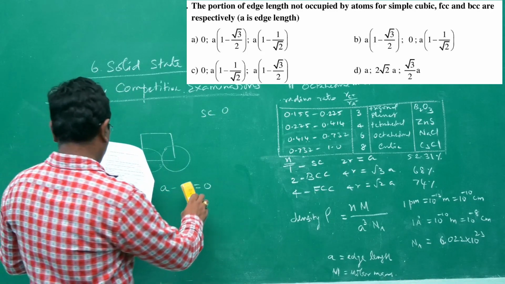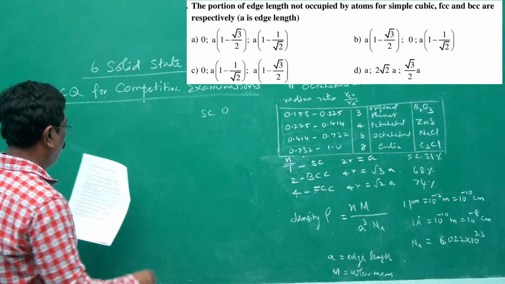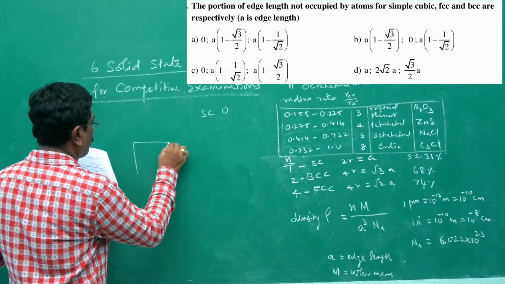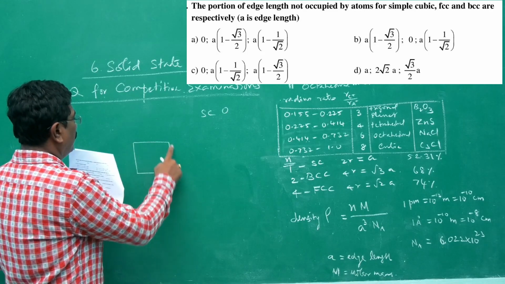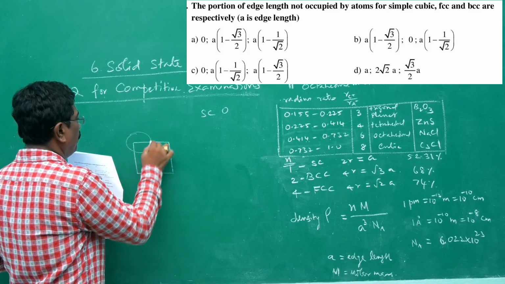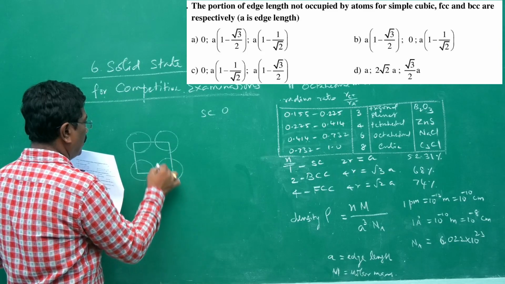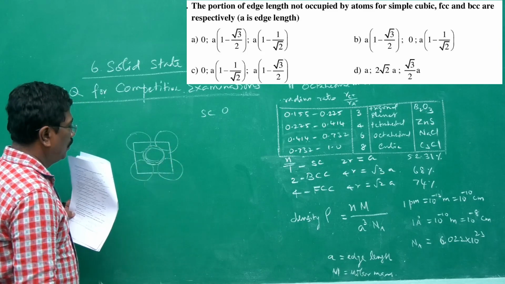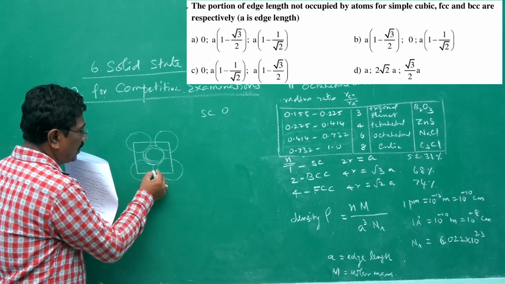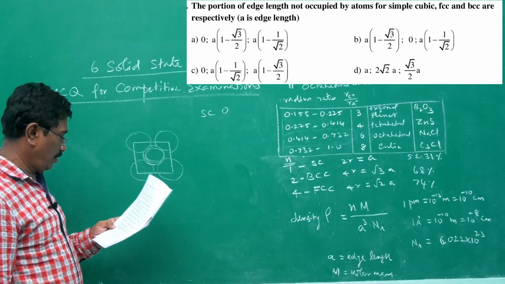For face-centered cubic, let me just draw the front side. Atom will be placed like this. So, at the center of the face an atom, it will be touching. So, there is a space which is remaining in between the two atoms.